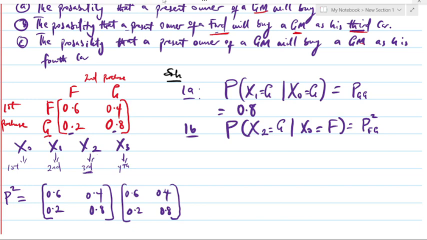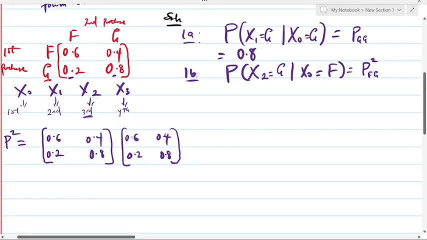For matrix multiplication, you can check our previous lesson on how to do matrix multiplication in our playlist. You can also make use of your calculator, you have a powerful calculator to do that. So quickly, let's do the matrix multiplication of 0.6, 0.4, 0.2, and 0.8.